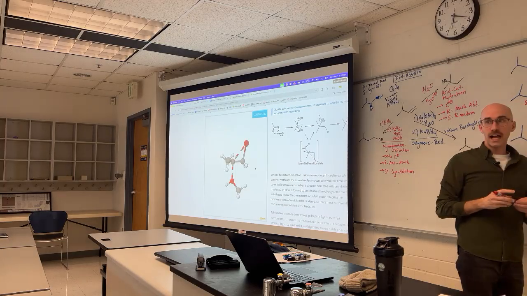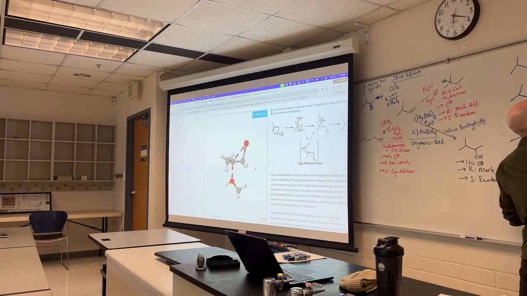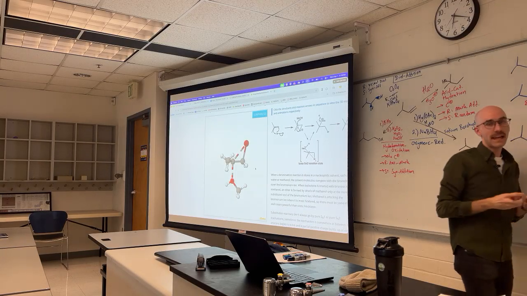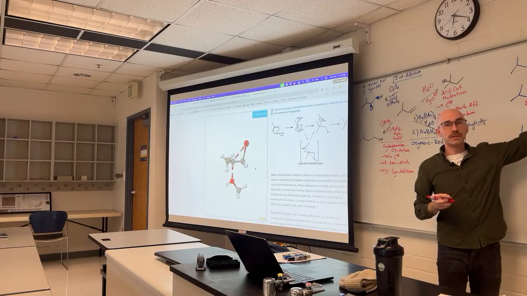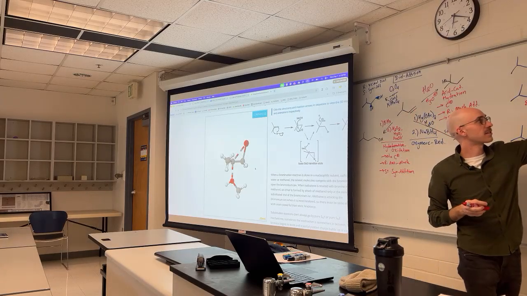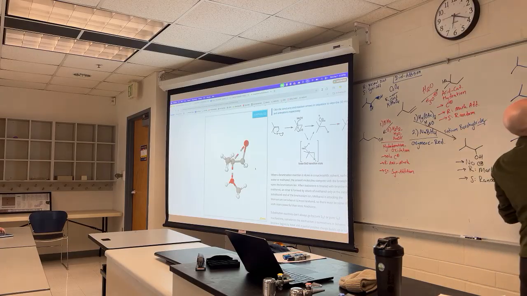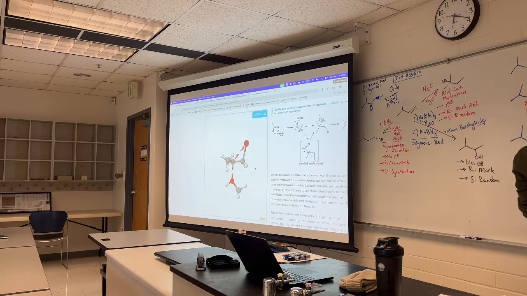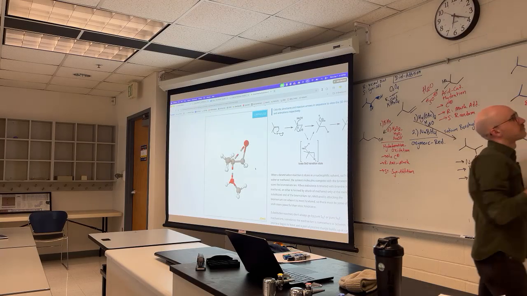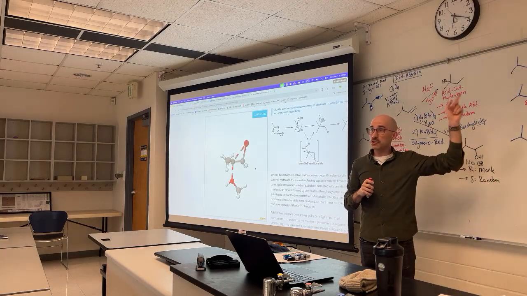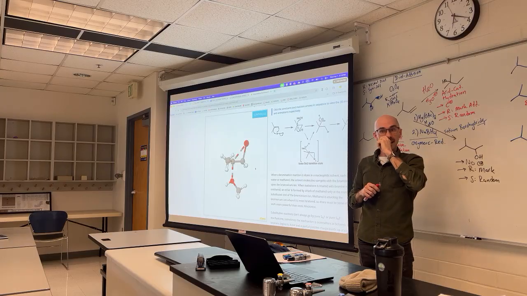It requires hydrogen gas and a catalyst. And that catalyst is palladium mixed with charcoal. So we call this palladium on carbon. You guys will do this in lab in a few weeks.